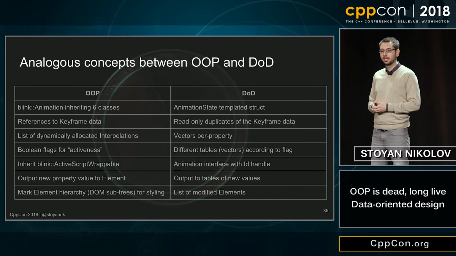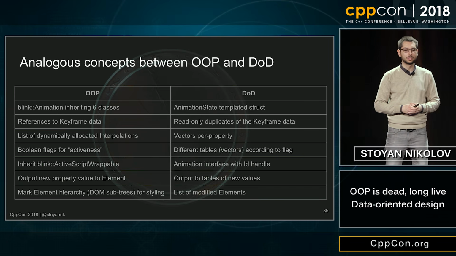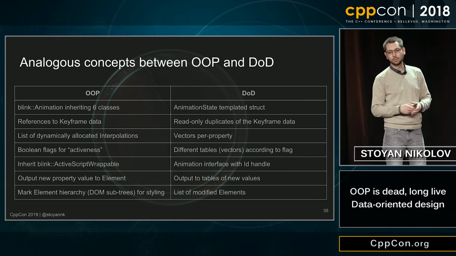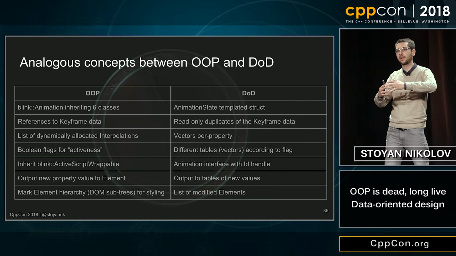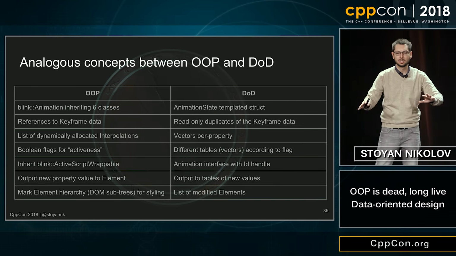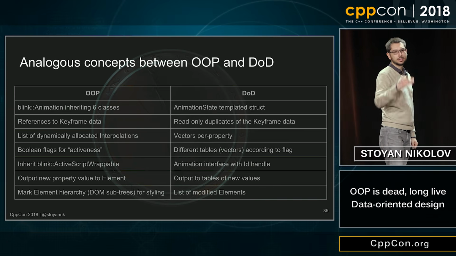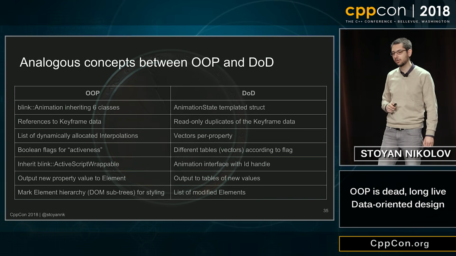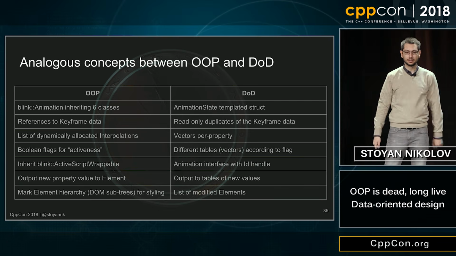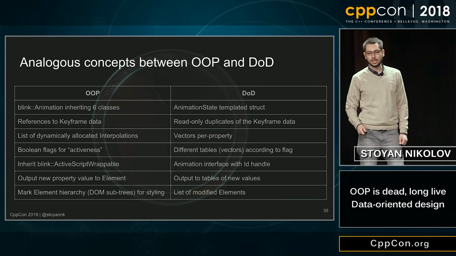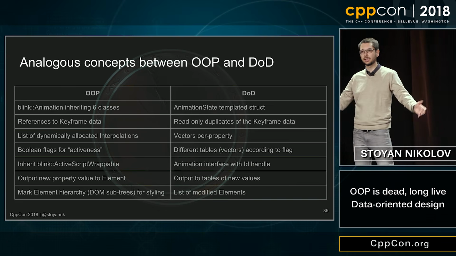So to quickly recap the concepts between OOP and data-oriented design that we saw: in the Chromium case, we were using an inheritance of 6 classes, and all the logic was crammed in this animation object and its links. In DoD, we did a very simple flat animation state struct, templated, and we had other methods that worked on that. We used a list of dynamically allocated interpolation abstract classes.